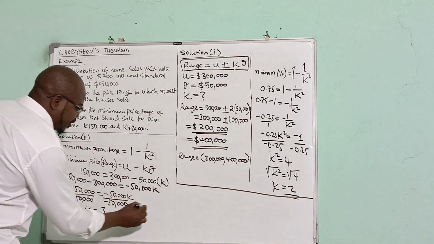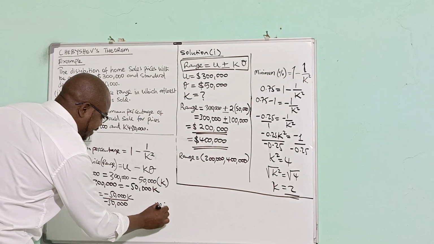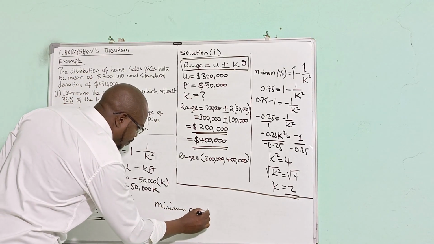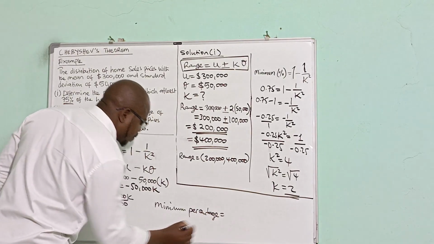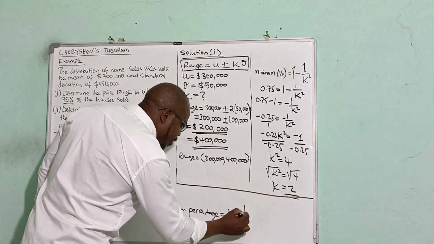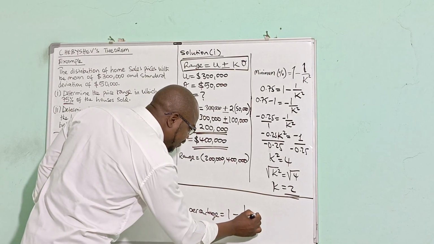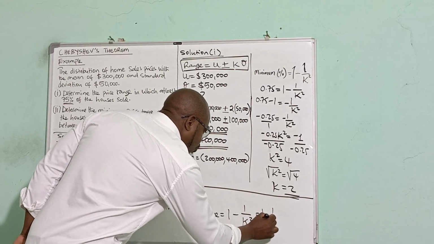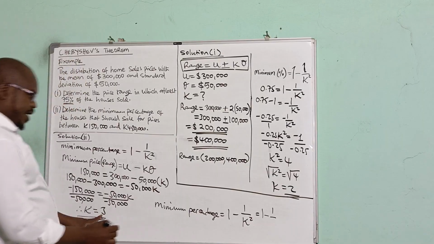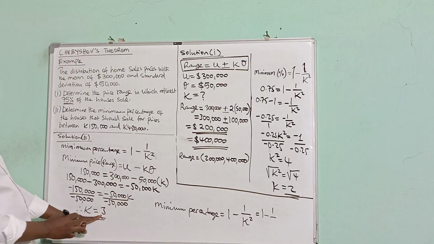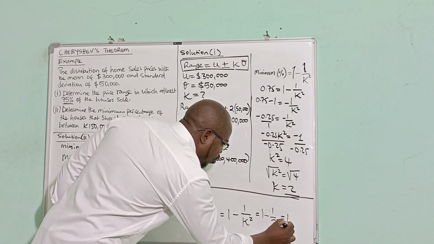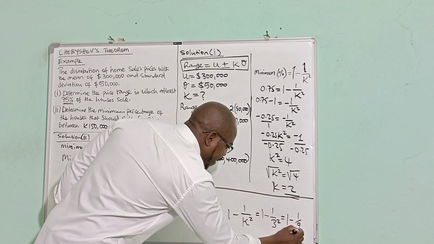So now that we have the K, we can find the minimum percentage, which is 1 minus 1 over K squared. And the K is 3 here. So 3 squared, that will be 9, so 1 over 9.